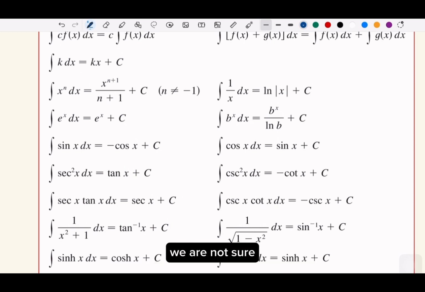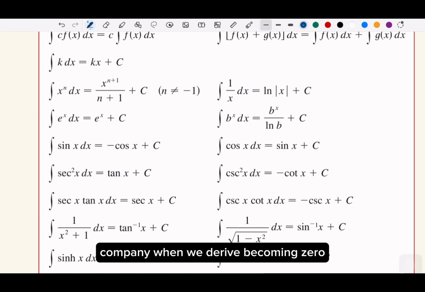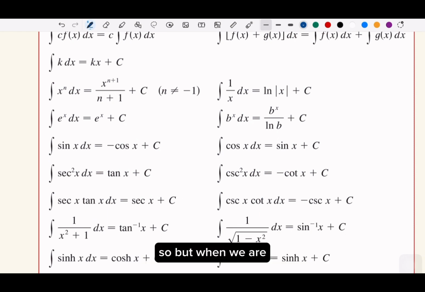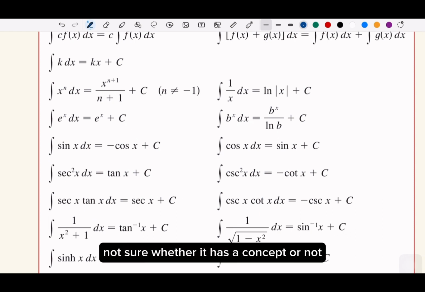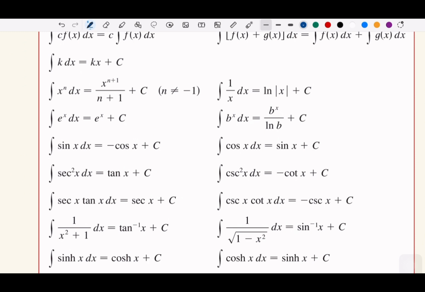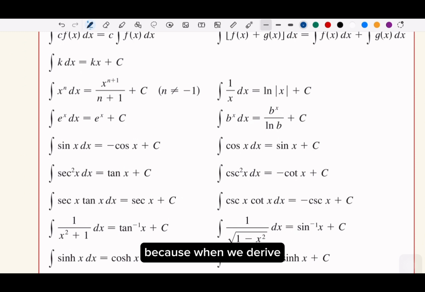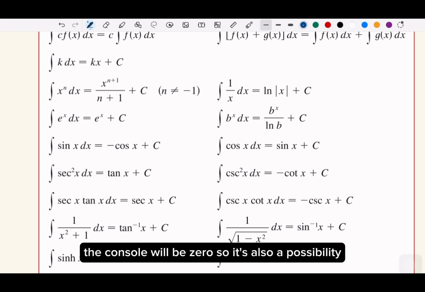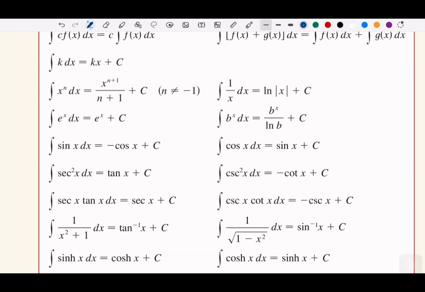We are not sure. So we need to add some constant, because a constant, when we derive, becoming 0. Right? So we are not sure whether it has a constant or not. So we need just to add c. Because when we derive, the constant will be 0. So it's also a possibility that maybe it has a constant.